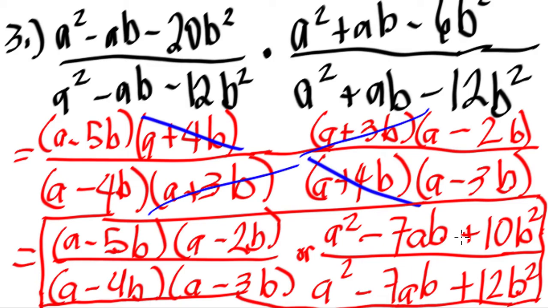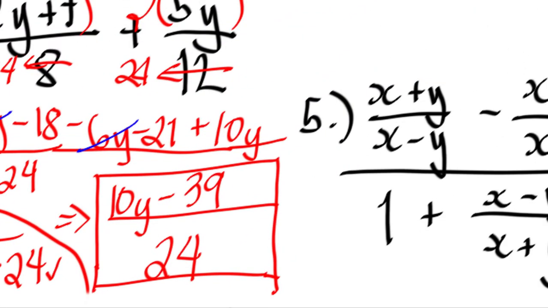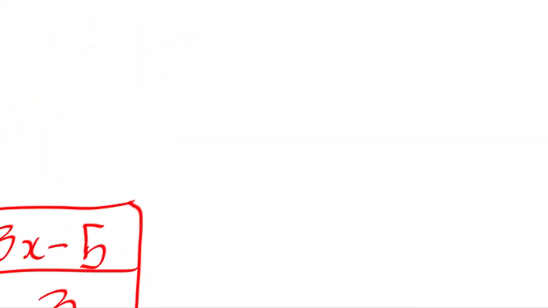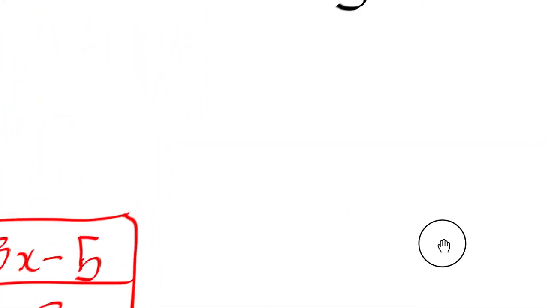It depends on the directions and the instructions of the test on what to do. Okay, so that's it for number 3. Now let's proceed to number 4 this time. Number 5, we're going to talk about after number 4. Number 4 is over here.